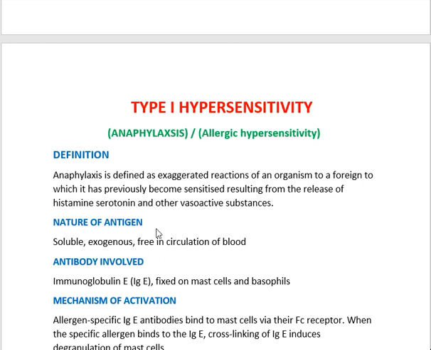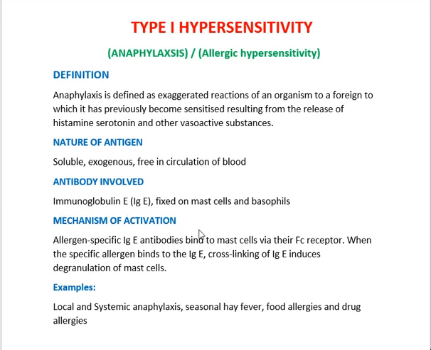The nature of the antigen in type 1 hypersensitivity is soluble. That means the antigen will be soluble and exogenous, coming from outside, and it will be free in circulation of blood. The antibody involved in this hypersensitivity reaction is IgE, which is fixed on mast cells and basophils.